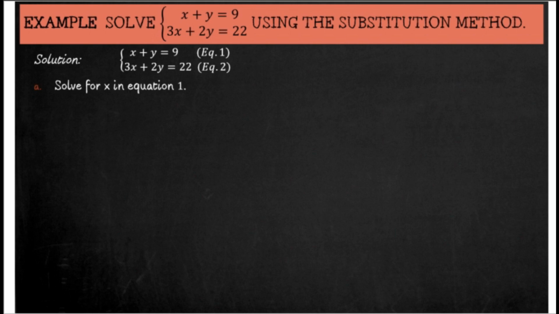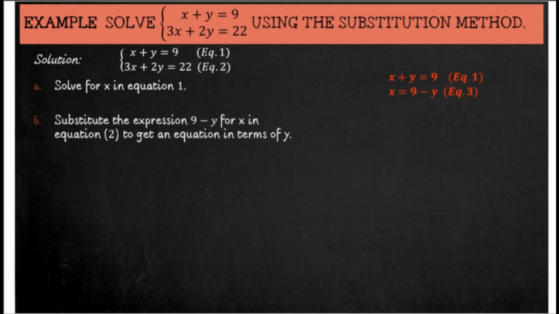Solve for x in equation 1. So for our equation 1, we have x plus y equals 9, and then using the addition property of equality, we will add negative y on both sides to get x equals 9 minus y. That will be our equation number 3.